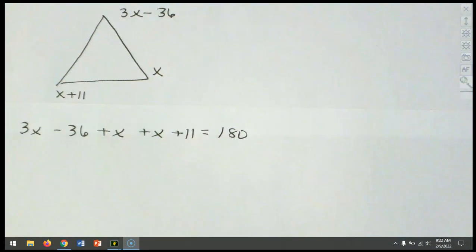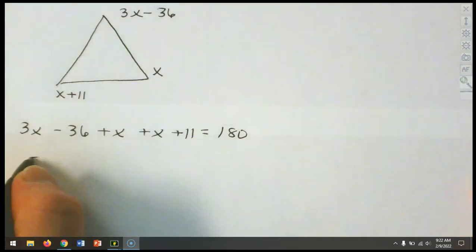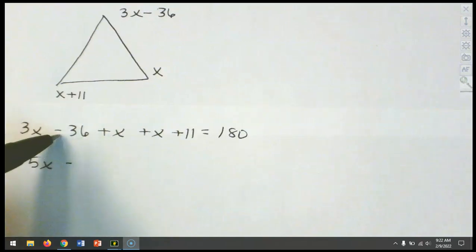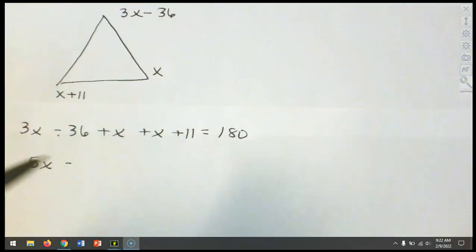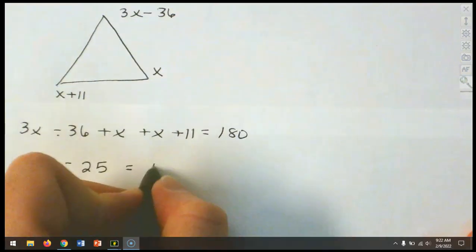Combine like terms. So let's see what we've got for x's. We've got 3, 4, and 5 x's total. And then we've got a minus 36 and a positive 11. 36 is the larger number, it's negative, so our answer is going to be negative 25, and that equals now 180.